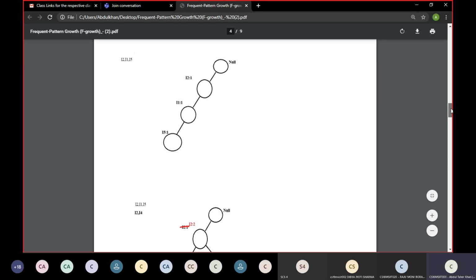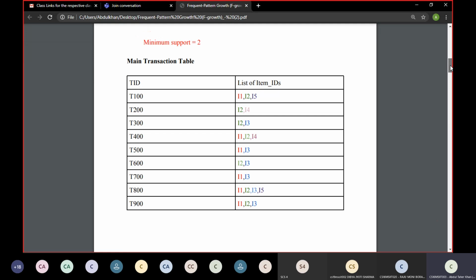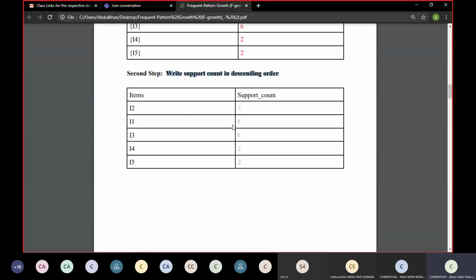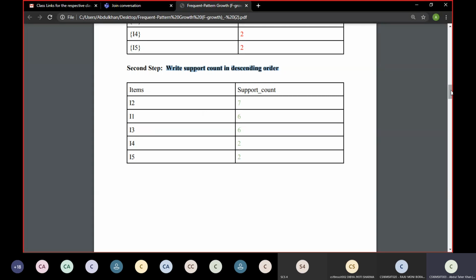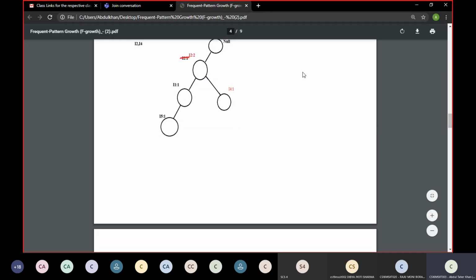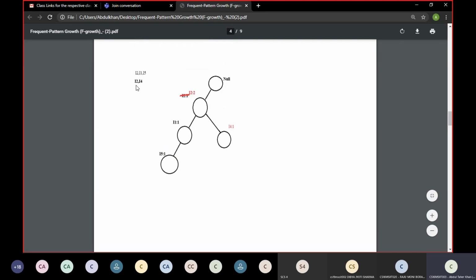Next transaction is T200: I2 and I4. They are already in descending order, so we do not have to rearrange them.